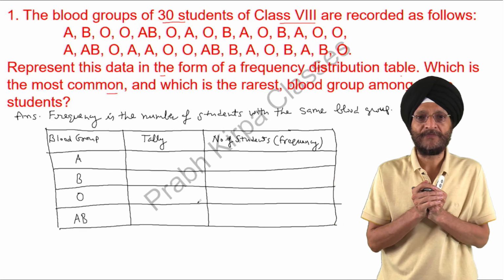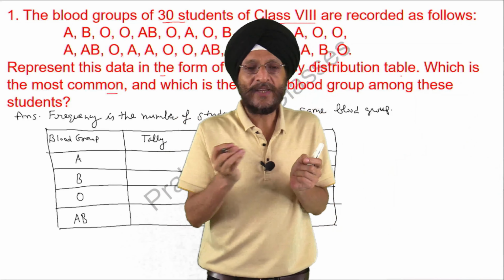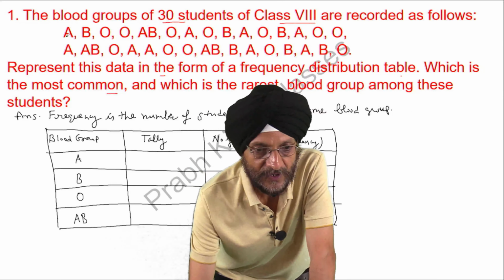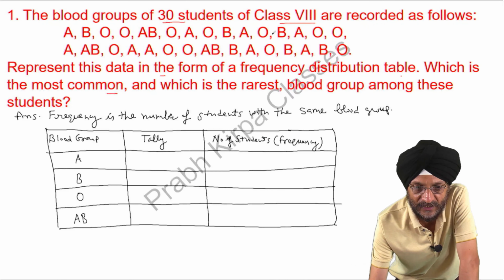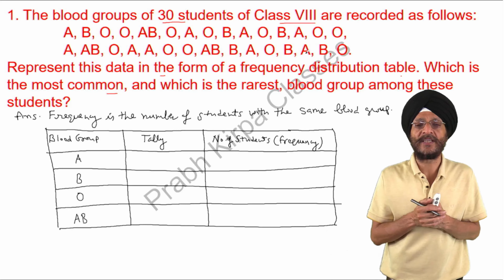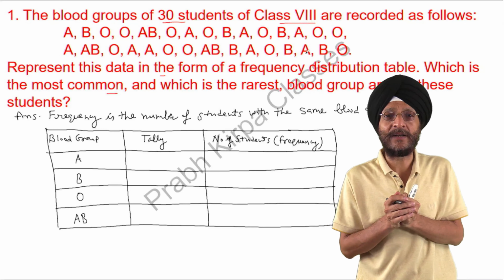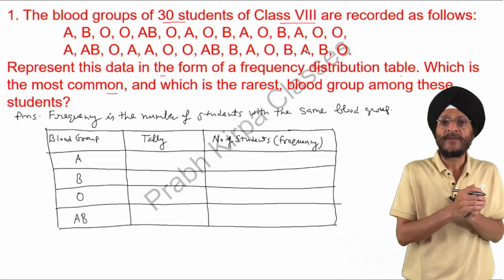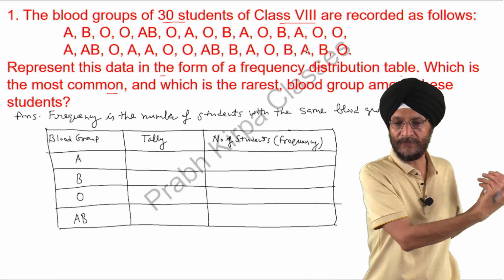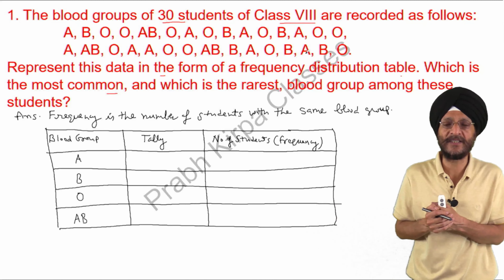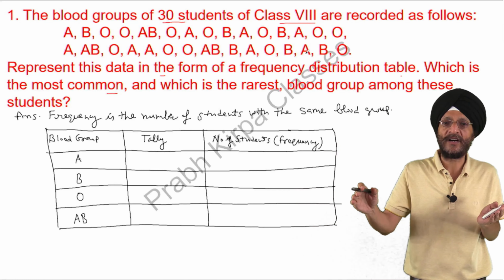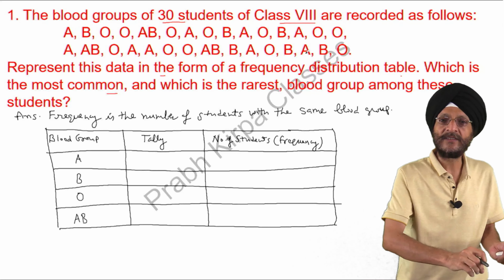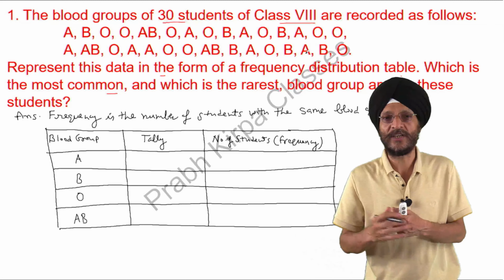Now, one of the ways is that while counting the students, we can verbally count that this is the first student having A blood group, this is the second, this is third, this is fourth, this is five, this is six, this is seven, and so on. When we are counting verbally, there may be some disturbance from a classmate sitting beside us in the examination, or the teacher in the examination hall may ask us to sign the attendance sheet, or some other form of disturbance may be there.